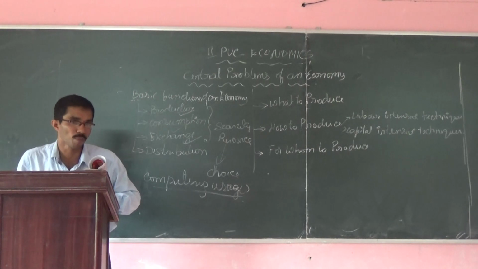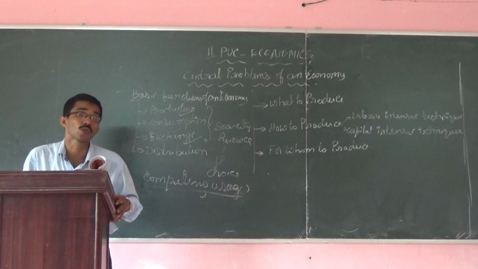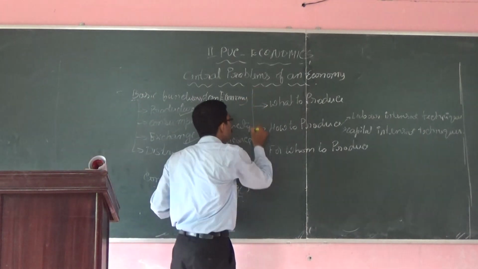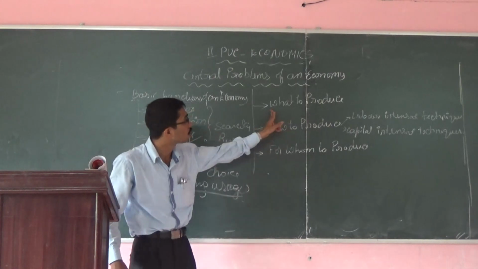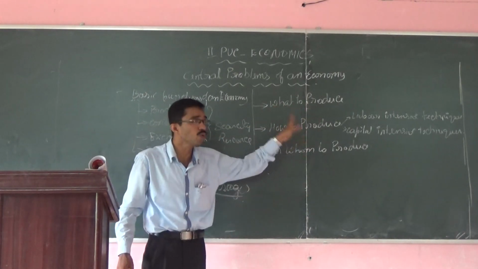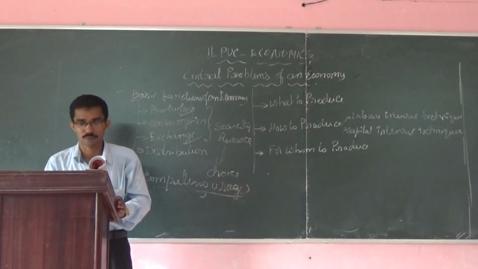The basic problems may be classified into three main problems. One is what to produce, the second is how to produce, and the third is for whom to produce.